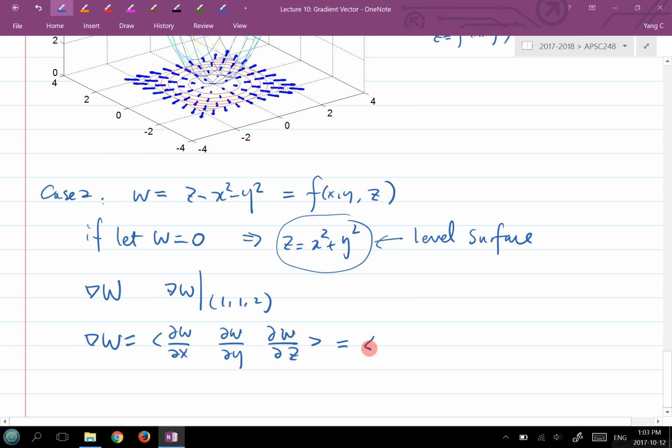Looking at the w function, it gives us negative 2x, negative 2y, and partial w over partial z is 1, since there's only one z there. That's your del w.